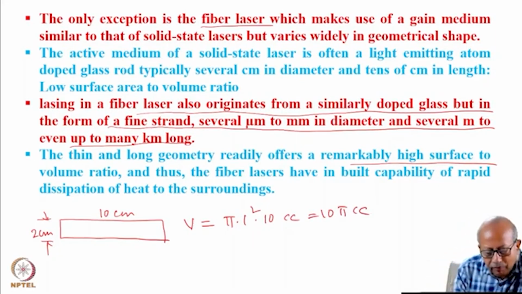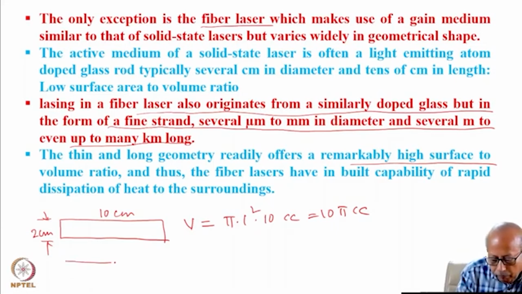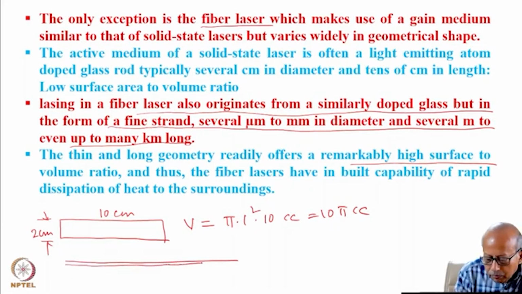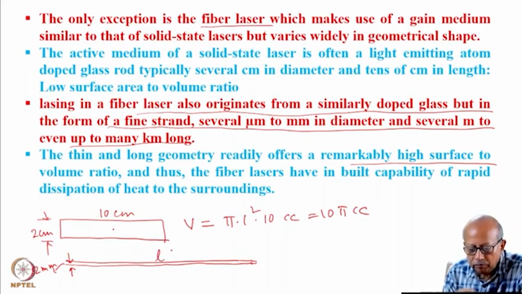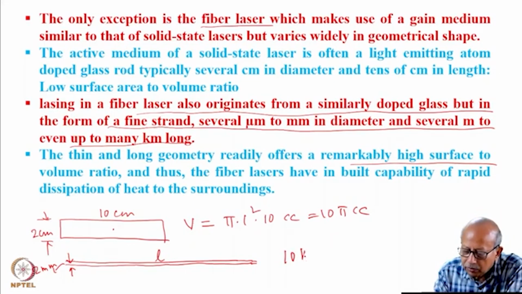And let us consider a fiber which has the same volume as that of this solid state laser, but its diameter is say 2 millimeter instead of 2 centimeter. Let us find out its length that would give the same volume.